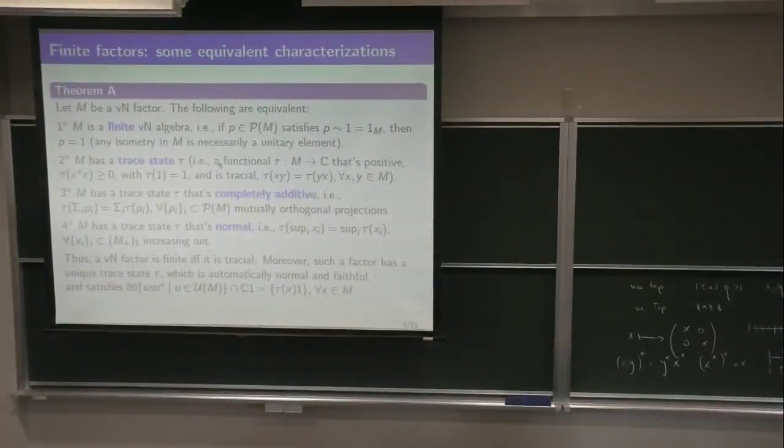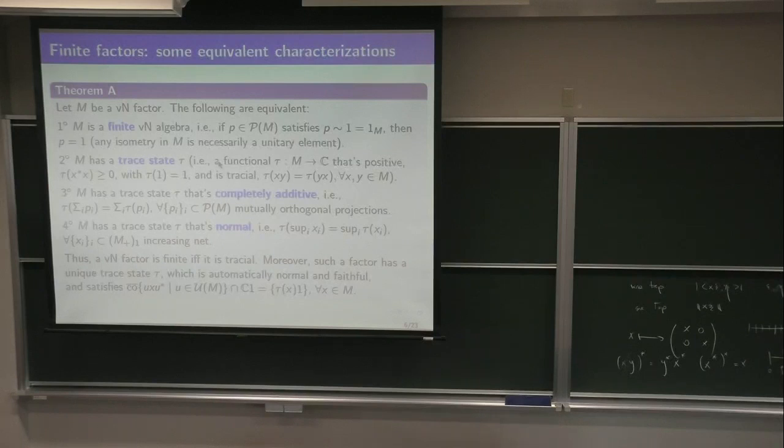All this subject, as I said, was initiated by von Neumann in 1929 when he proved the theorem. He actually wrote several papers in the 20s and 30s, on the spectral theorem, the functional calculus, all the things that were developing at that time, motivated by quantum mechanics and representation theory.